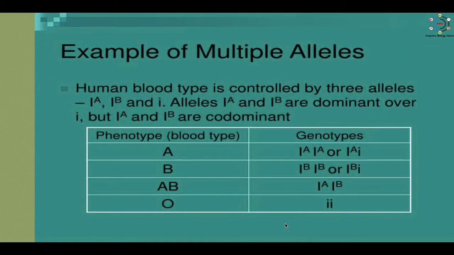Now, here is an example of a trait determined by multiple alleles: the blood group in humans. Human blood type is controlled by three alleles, IA, IB and small i. Alleles IA and IB are dominant over small i, but IA and IB are codominant.